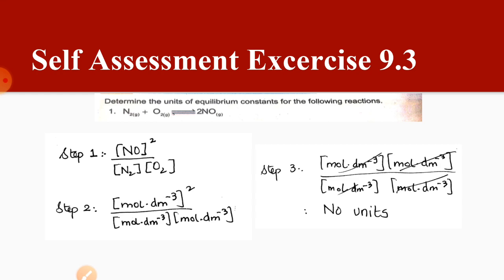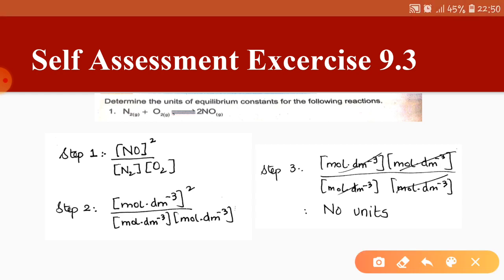Now moving towards another example in which nitrogen and oxygen react together to form nitric oxide. In this example, you may notice that in the first step we wrote the equilibrium constant expression. It shows that the concentration term for nitric oxide is written in the numerator because it is a product.